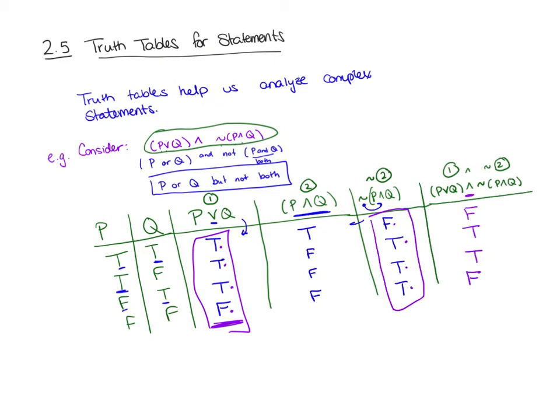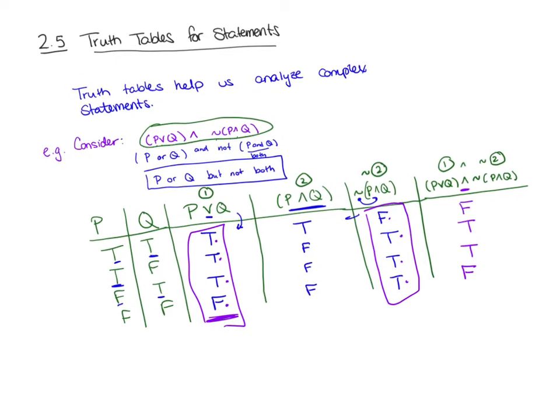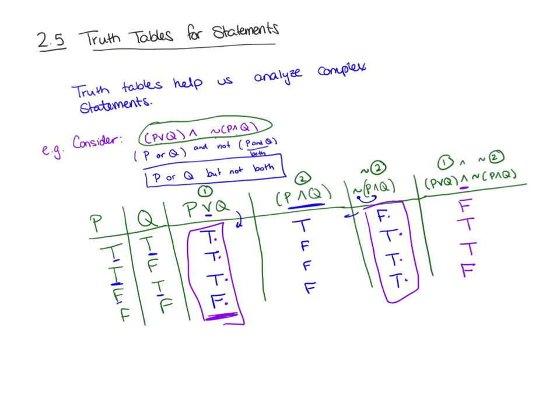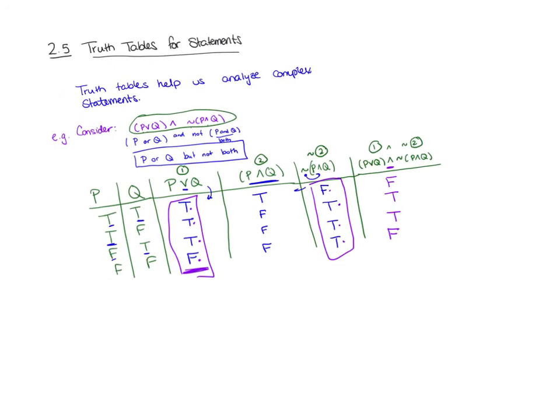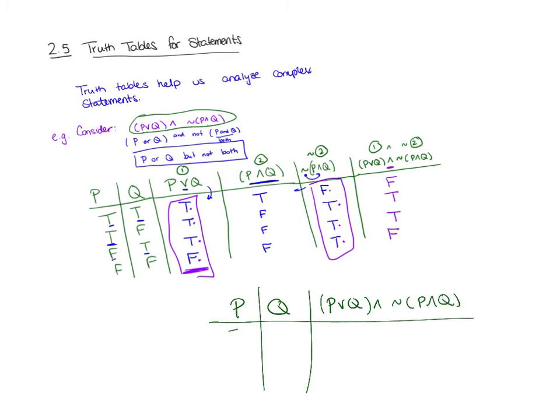So overall, maybe we can rewrite this below so we can see the first and the last thing together. For my P, Q, and then P or Q and not P and Q, that overall truth value looks like this. Just going to copy that over.